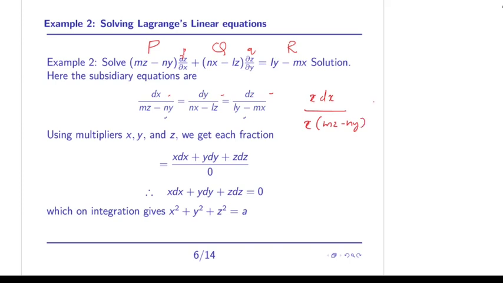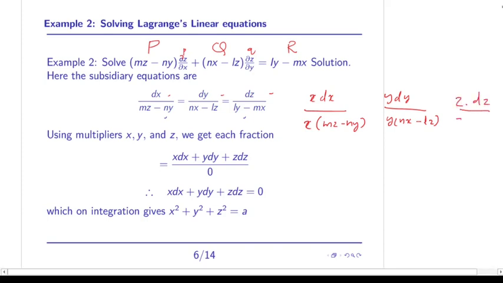The second ratio was y dy, so we multiply numerator and denominator with y into (nx minus lz). The third was z dz divided by z into (ly minus mx). Then you add all this.